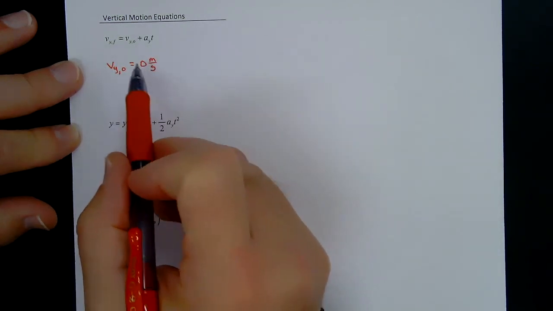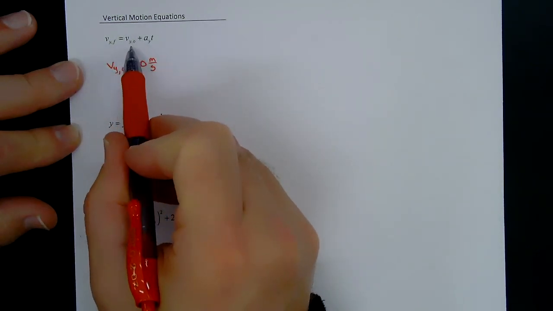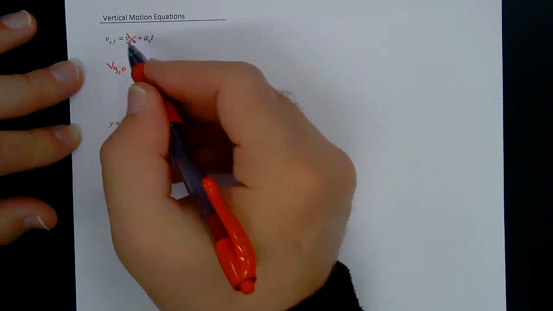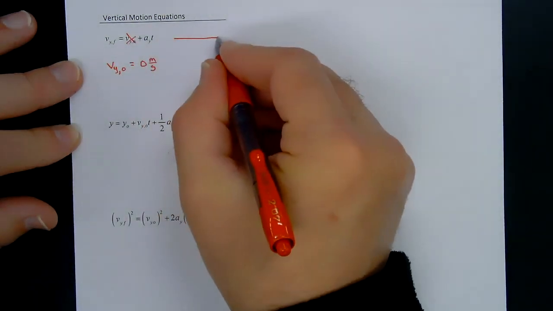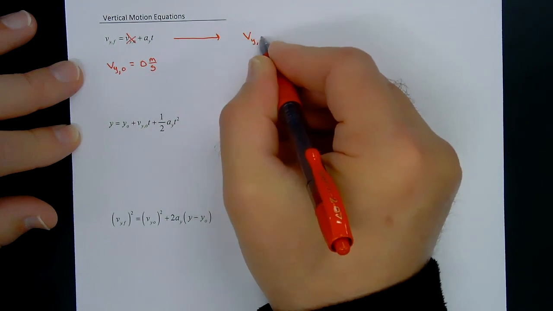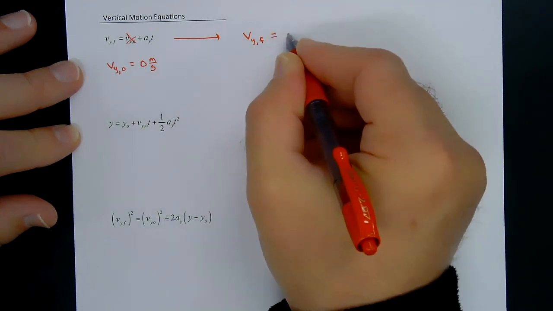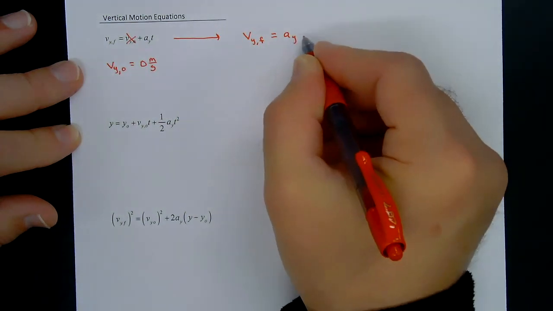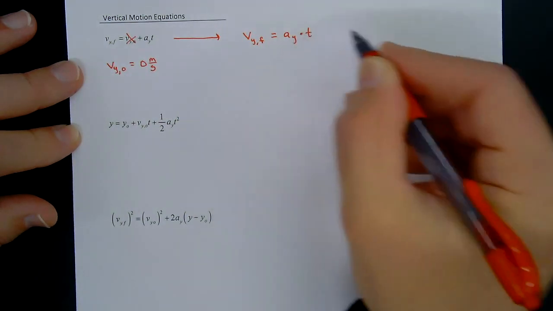Because that's 0, this goes away. And so what this gives us is that the final velocity in the y direction is equal to the acceleration in the y direction times time.